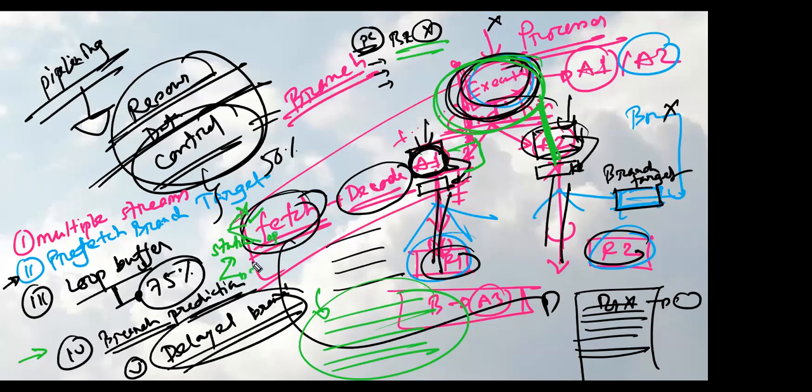Some are dynamic, meaning you store the actual history, which could be kept in a table that is updated all the time. Based on the table, you can find out whether, if I follow a particular branch address, I should follow it or not.